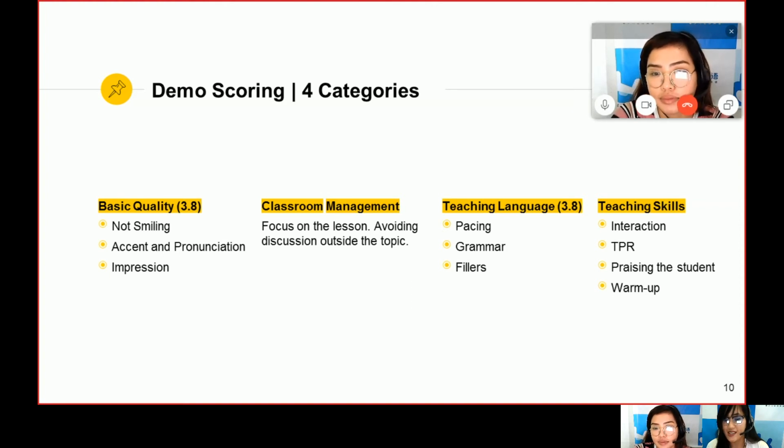So in slow pacing, we must know first the pace of the students. And if it's teaching language, grammar. Sometimes we Filipinos tend to speak fast in English and we forget the grammar of the words that we have said. Sometimes we are not aware of it. I'm guilty of that too.